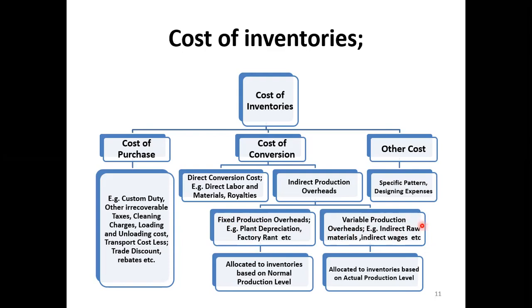Then there are variable production overheads, for example indirect raw material like grease, oil, and indirect wages, polishing, like that. So variable production overhead includes indirect raw material, indirect wages, etc. Here, costs are allocated to inventories based on actual production level.